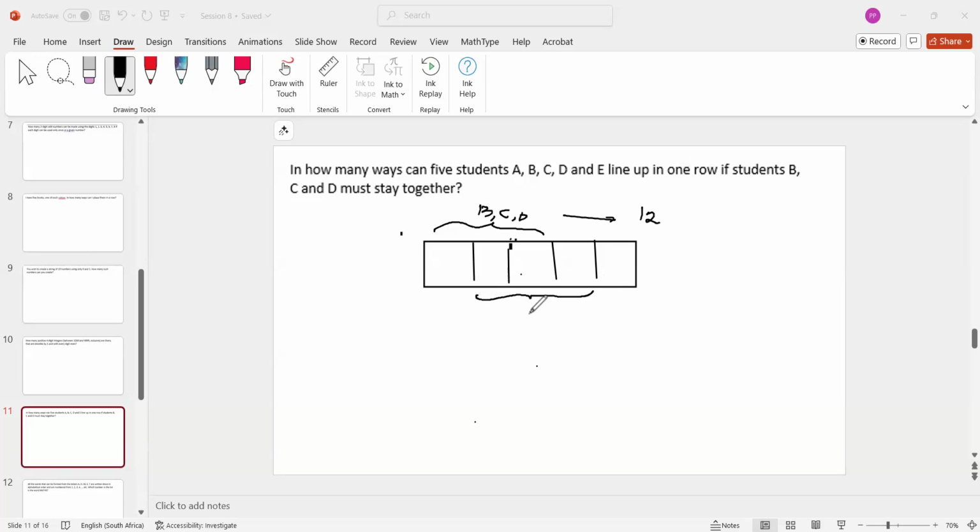So there'll be another 12 for that one. Or I could have put them in the last 3. There'll be another 12 there. So I could have placed them here, or there, or there. And for each of these, there are 12 different arrangements.